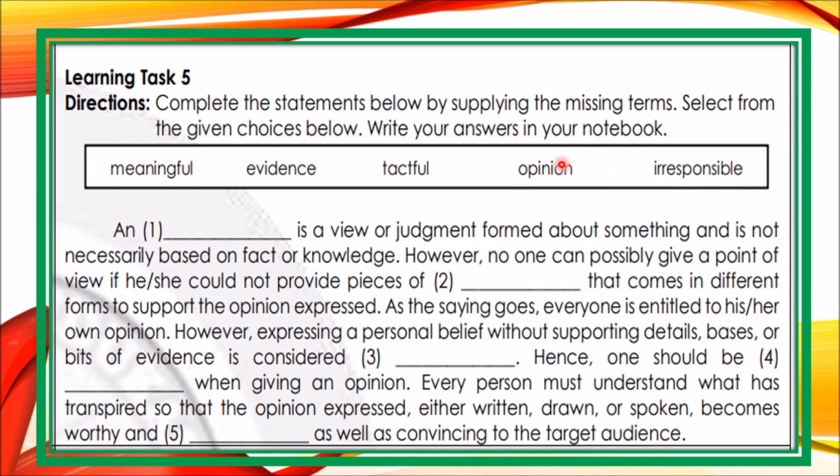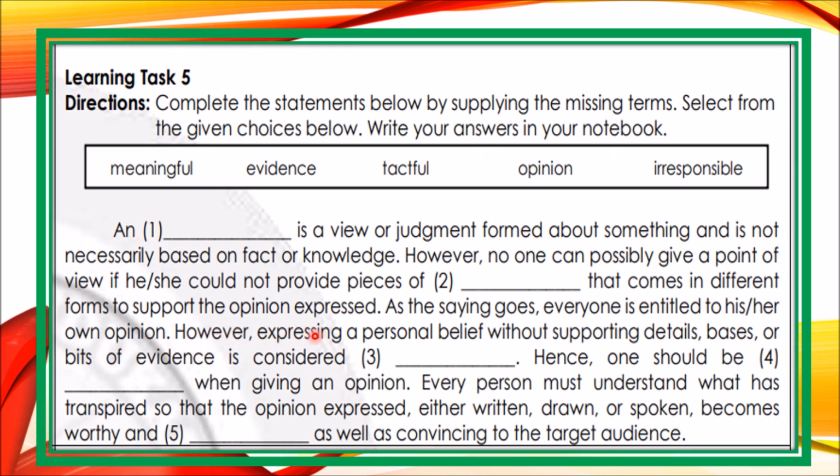So in number 1, for example, blank is a view or judgment formed about something, and it is not necessarily based on fact or knowledge. However, no one can possibly give a point of view if he or she could not provide pieces of blank that come in different forms to support the opinion expressed. As the saying goes, everyone is entitled to his or her own opinion.